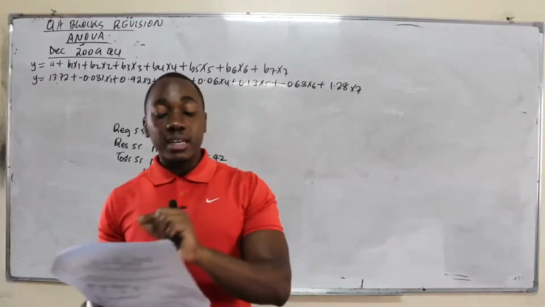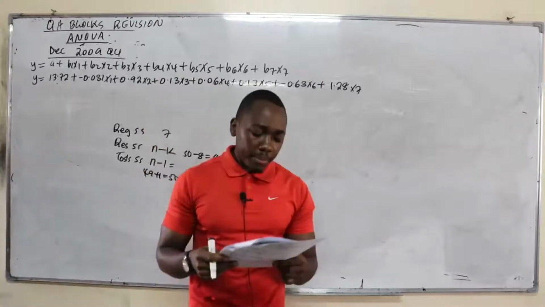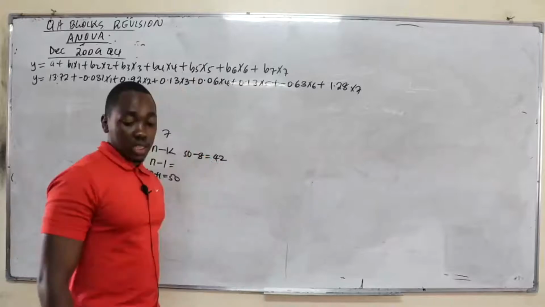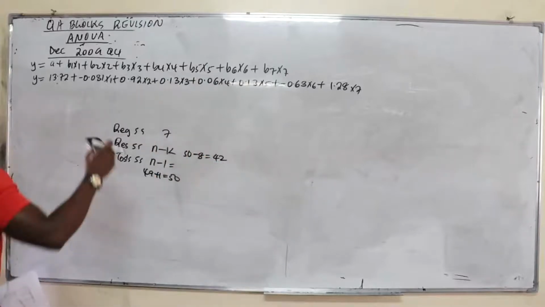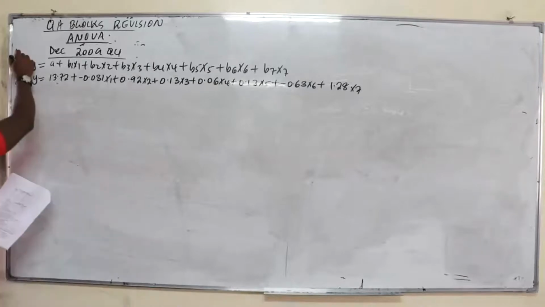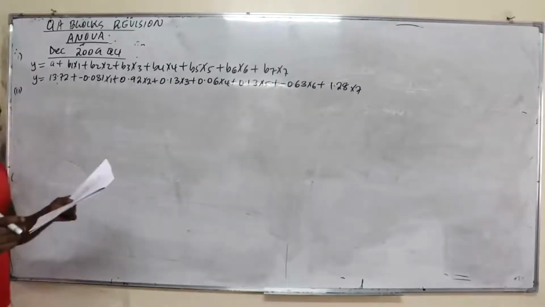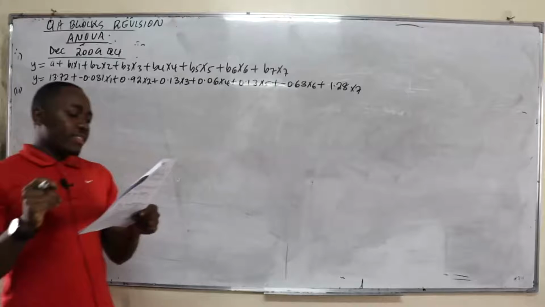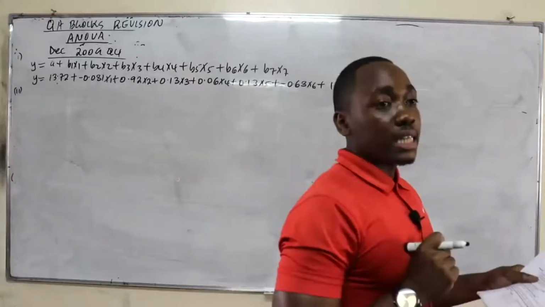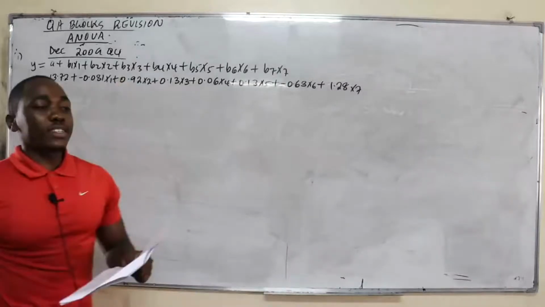Required number 1, multiple regression model for the data above. Do you have it? You already have the model. Number 2, interpret the meaning of the variables x1 and x2. So I want us to explain 3 of them.